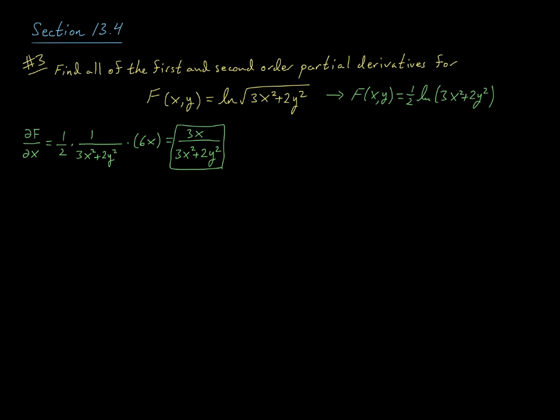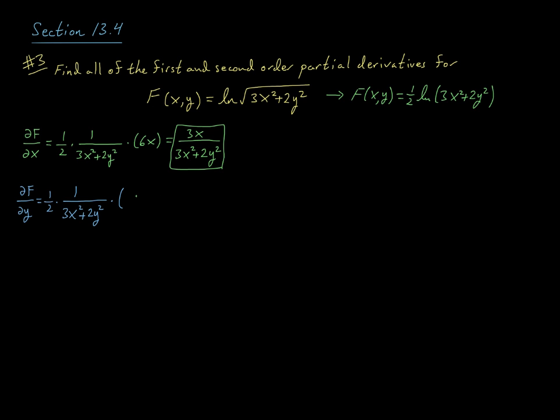We can carry over here and do the y derivative of f. So it's going to be 1/2 times 1 over what's inside the log. And then from the chain rule, I need to multiply by the derivative of what's inside the log with respect to y.